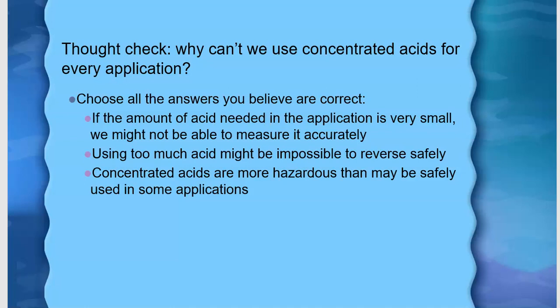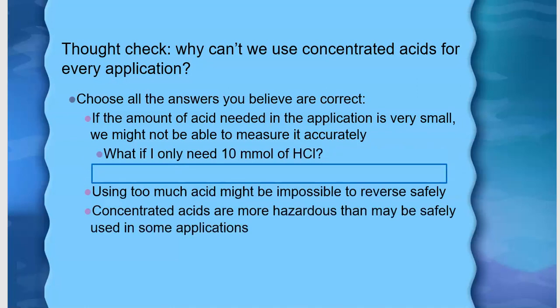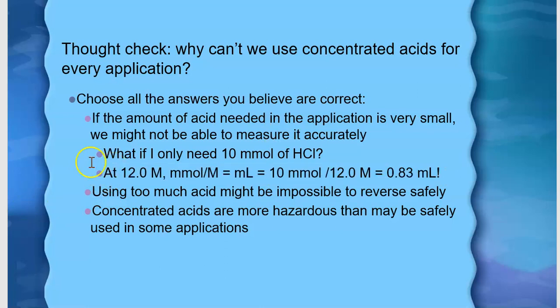Well, if you look at this, really all of these answers are correct. For example, if I only need a very small amount, it might be very difficult to measure it accurately. If all I have is 12 molar hydrochloric acid, what if I'm doing a small scale reaction and I only need 10 millimoles? Well, we know that molarity is millimoles over milliliter.